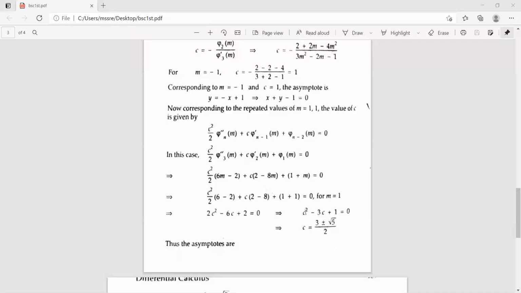To solve the quadratic equation, there is a formula: minus b plus or minus root of b square minus 4ac divided by 2a. Using that formula, you will get 3 plus or minus root 5 divided by 2. So there are two values for c: one is 3 plus root 5 by 2 and the other is 3 minus root 5 by 2.